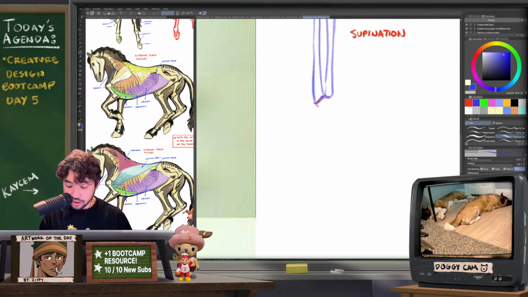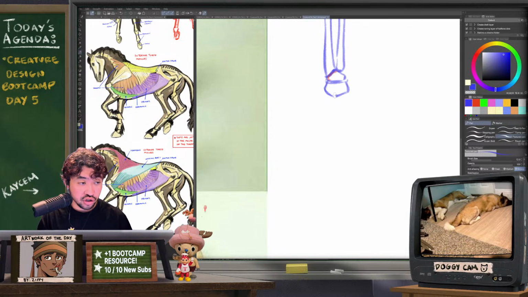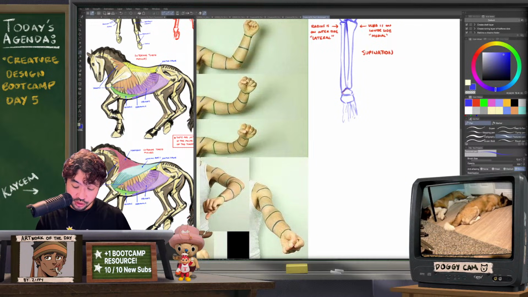And so just think of it like you're holding a bowl of soup. And then when you have your hand, right, this is your carpals and your metacarpals for that section there. And then you have your phalanges, which I'm not going to draw. So I'm just going to give little wigglies, little long fingers here. Not the best drawing. You know what?